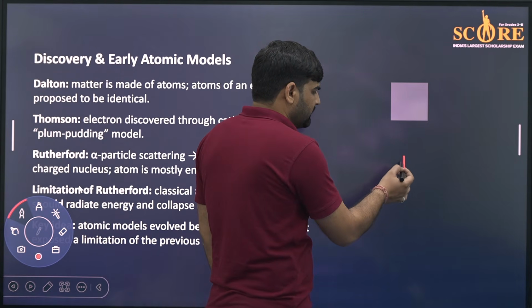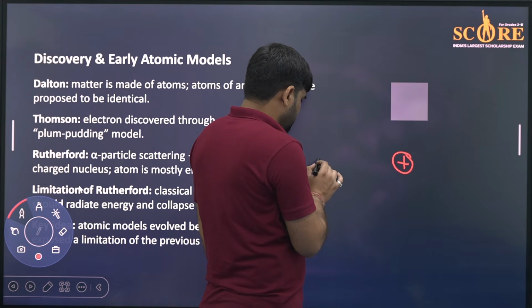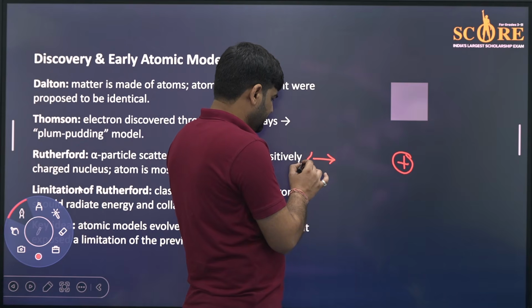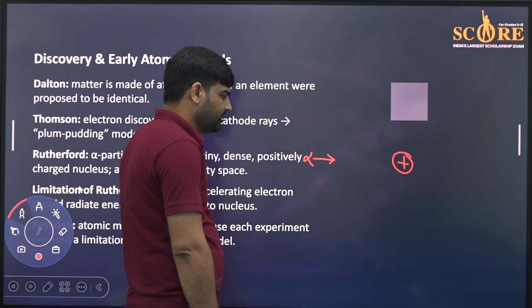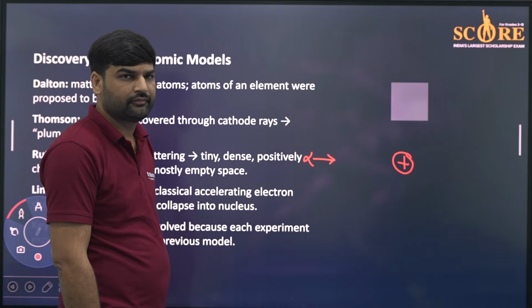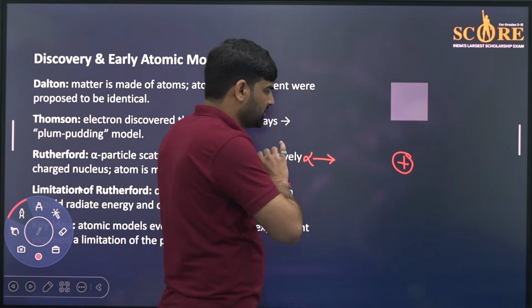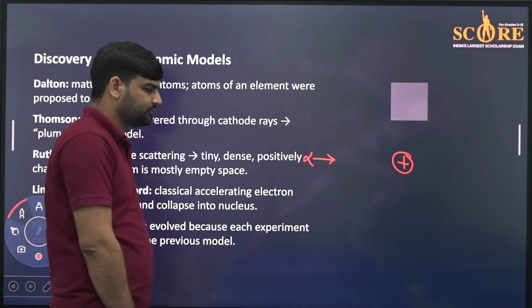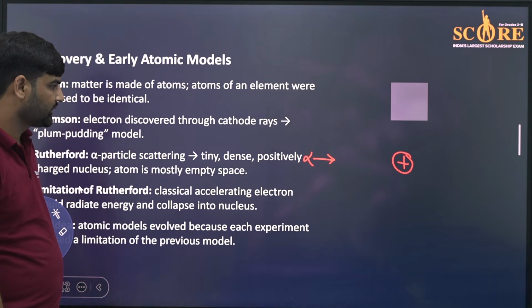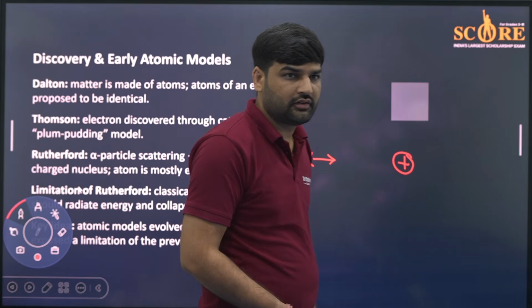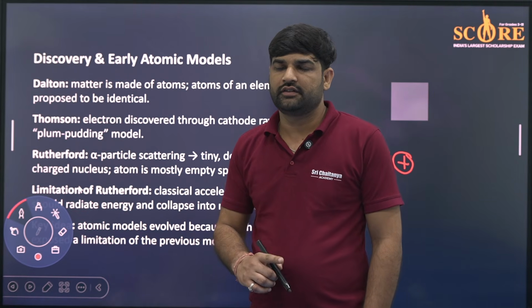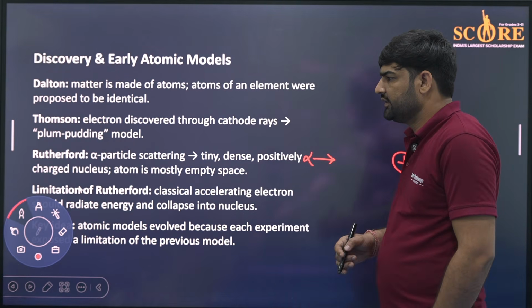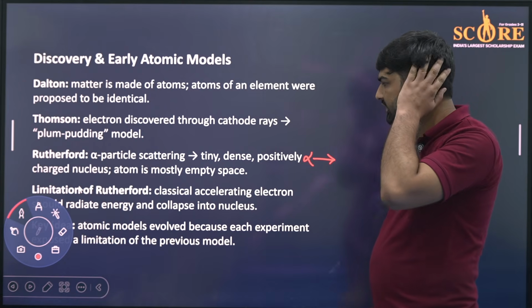In this experiment, Rutherford took alpha particles and a gold foil, and the alpha particles were projected at the foil. The next model was the Rutherford model, and he used the alpha particle scattering experiment to explain it.